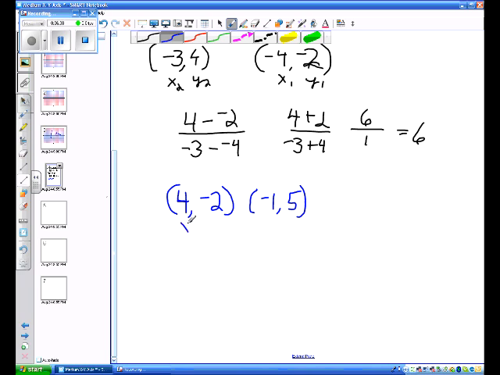So again, we can call these our sub-2's. And for the first few times that you do this, you may need to label them. You've probably done slope a lot, and so it may not be necessary for you to label them. But we have -2 minus 5, the change in the y's, over the change in the x's. 4 minus a -1.